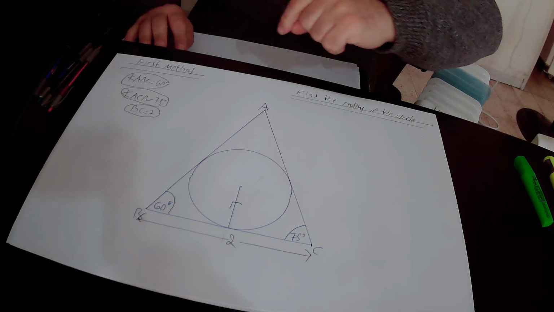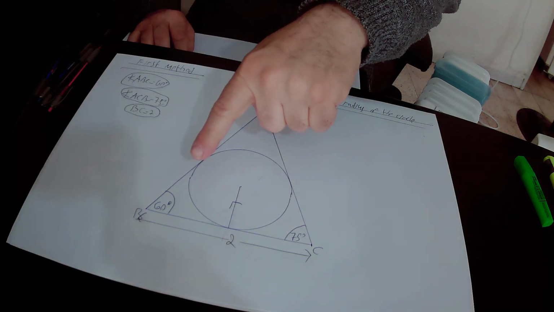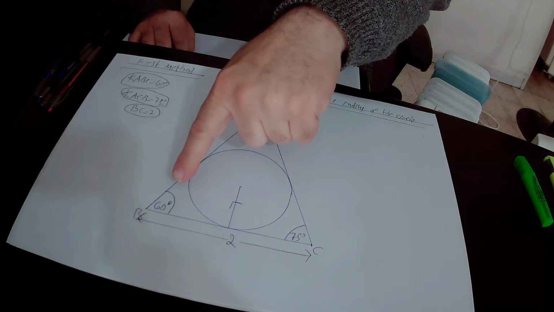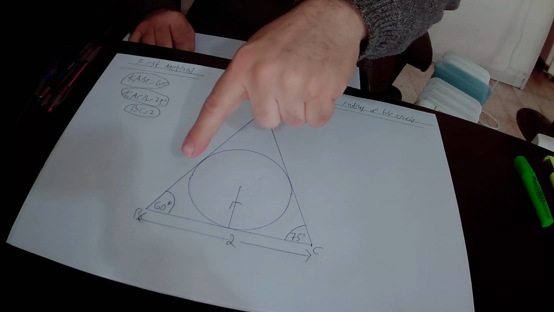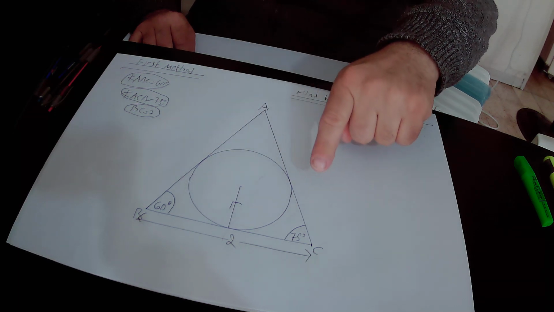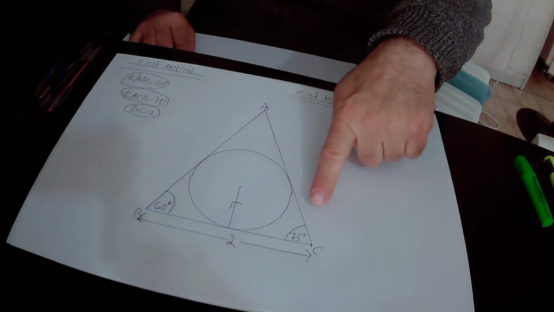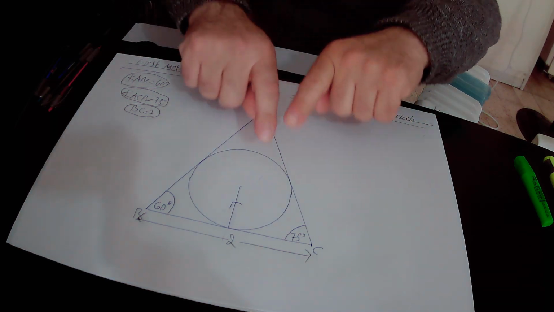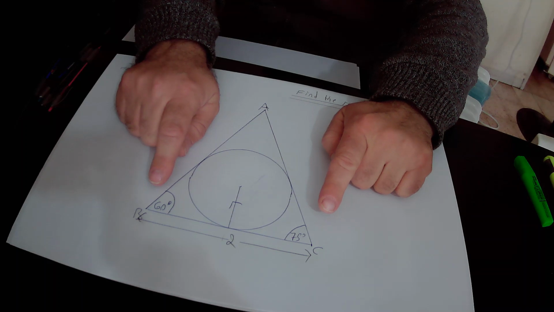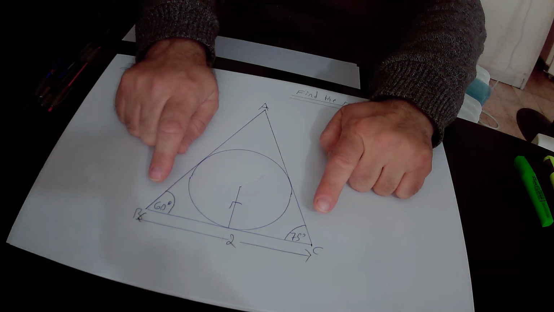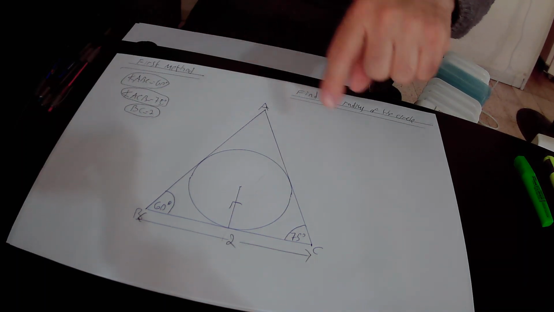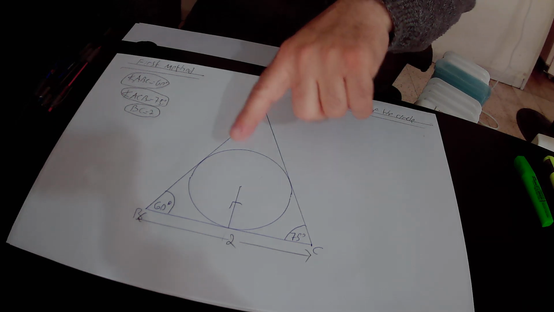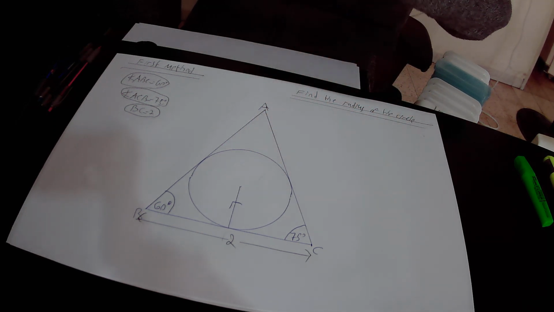In addition, we know that angle ABC equals 60 degrees, and angle ACB equals 75 degrees, and side BC of triangle ABC equals 2 units in its length. Again, our mission is to find out the radius R of this triangle ABC.